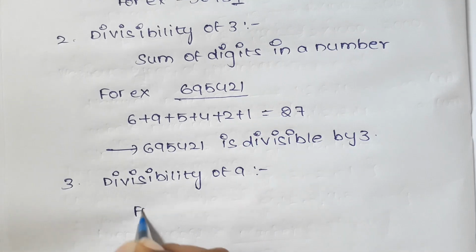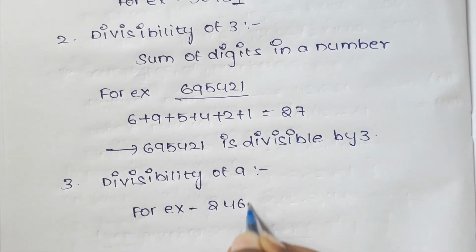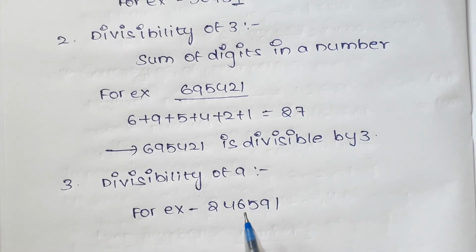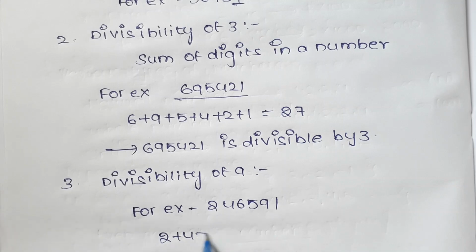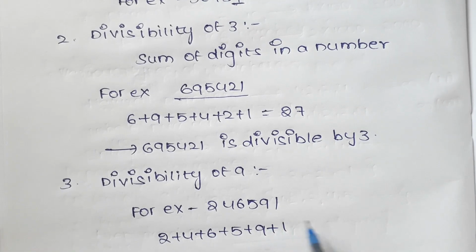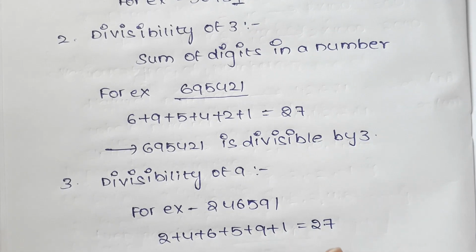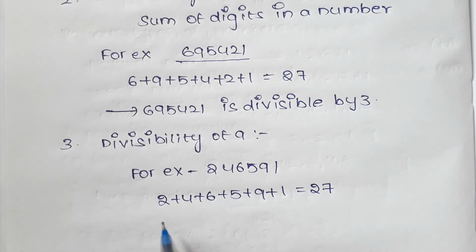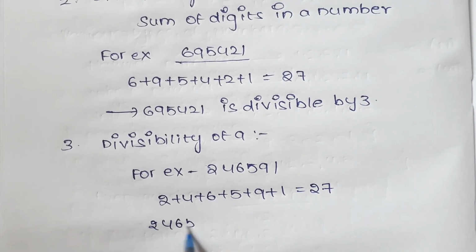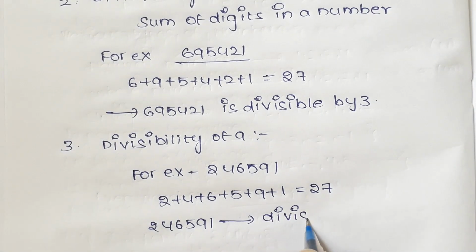For example, let us take 246591. Here the sum of all these digits, that is 2 plus 4 plus 6 plus 5 plus 9 plus 1, is equal to 27. And this 27 is divisible by 9. So the given number 246591 is also divisible by 9.